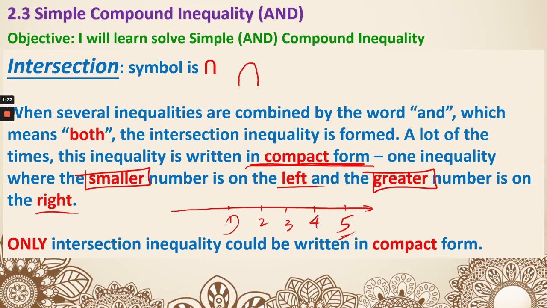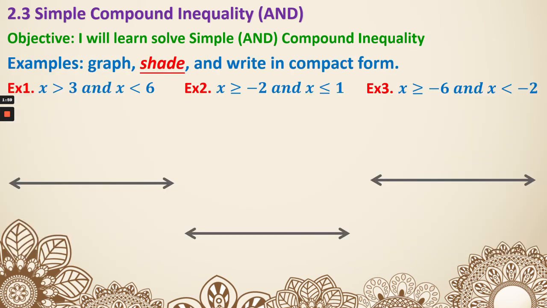So that's basically how compact form would have to look. Only intersection inequality could be written in compact form. Next week when we get to the or, when we get to the union, you will realize it can't. So only intersection, or only when you see the word and, these kinds of inequalities could be written in compact form. Now let's have a look at a few examples.